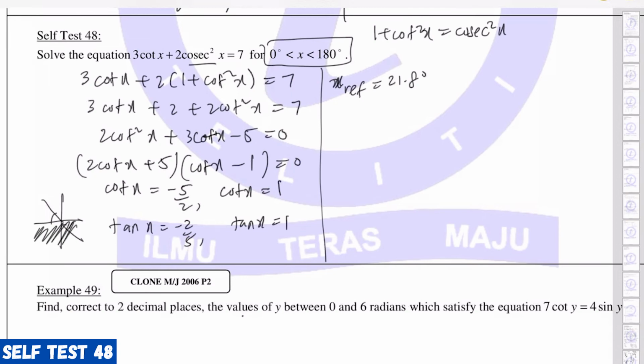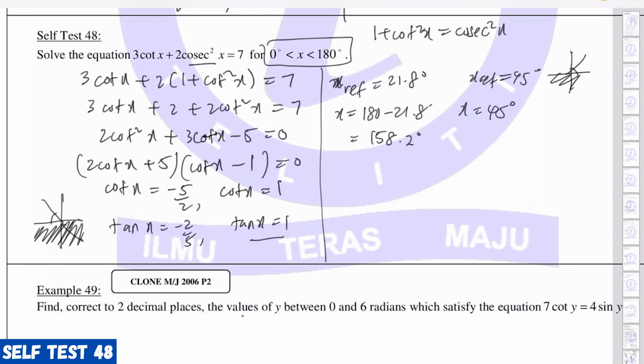But since I only want up to 180, there's only one solution for that. Yeah, so it's 180 minus 21.8, which is 158.2. Okay, as for the other one, tangent x equals 1, we know the reference angle is 45, and it is positive, so we can only take the answer in quadrant number 1, right? Since x is between 0 to 180 only, we write our answer as just 45. So all in all, you have two answers, 158.2 and 45.